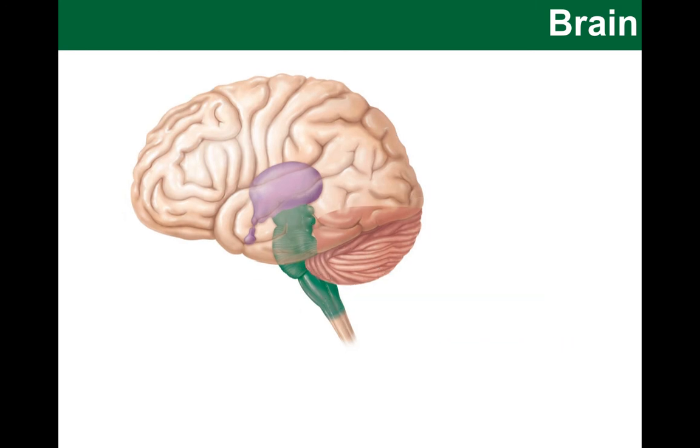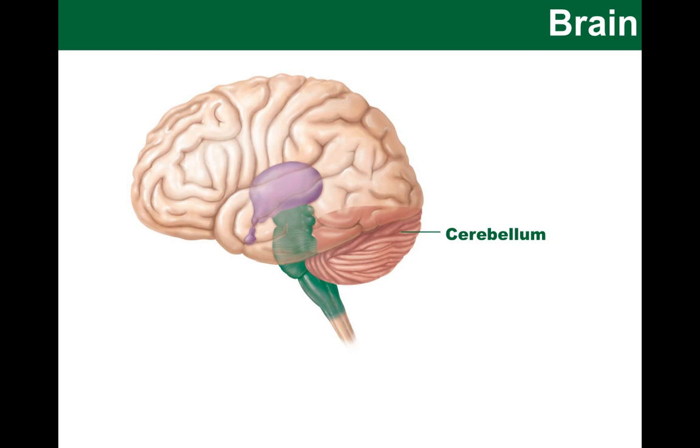Now that we have finished our look at the brainstem, I think it's a good time for us to look at the cerebellum. This is, if we translate it literally, our little brain. In fact, it represents about 11% of the total brain mass.